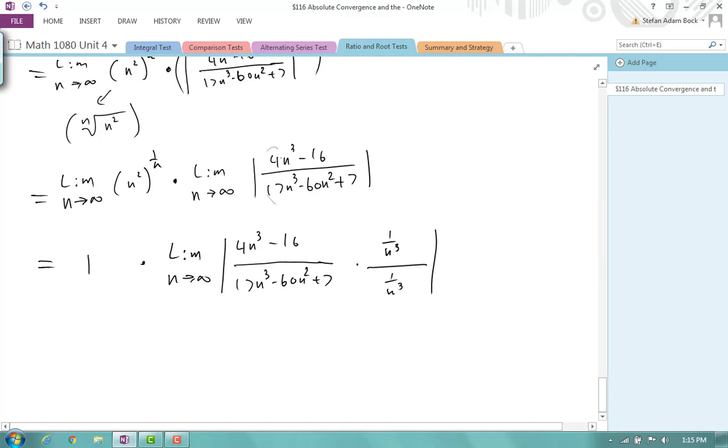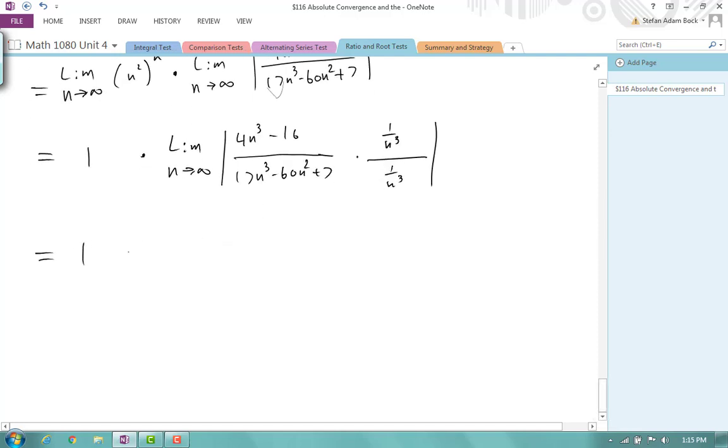I'm expecting to get an answer of 4 over 17. So this looks like 4 minus 16 over n cubed divided by 17 minus 60 divided by n plus 7 divided by n cubed. And even though this is in absolute values, these limits will still apply.